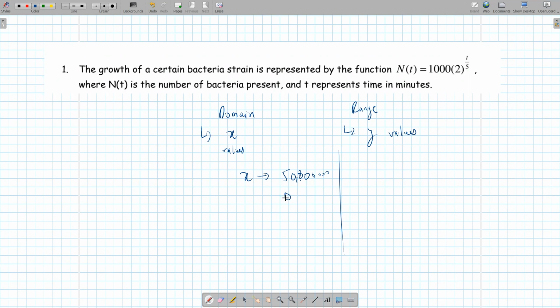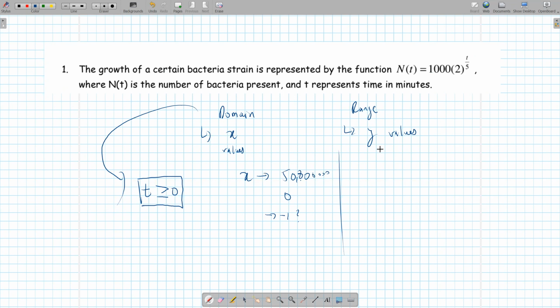Yeah, that's the initial, right? But what about this? Can it be -1? No, it cannot. So what does that mean for the domain? The X, or in this case, it's the T. T has to be greater than or equal to 0. And that's the domain, okay? It basically tells you what possible X values the function can take.